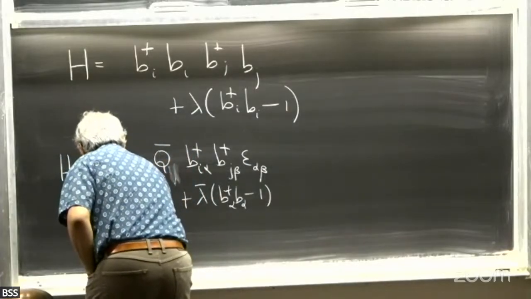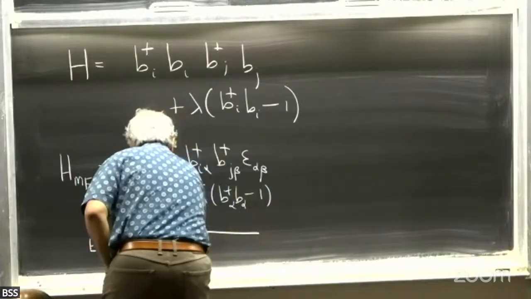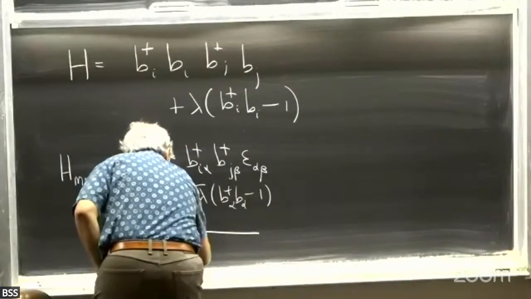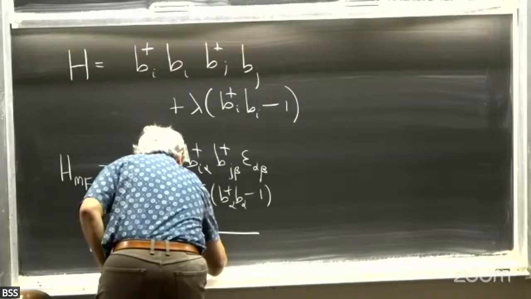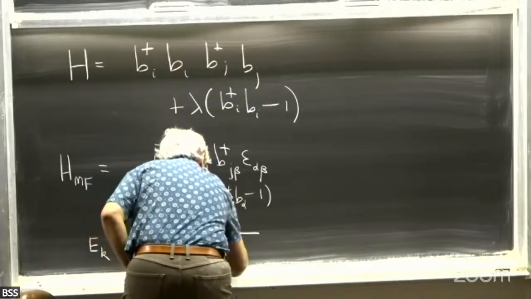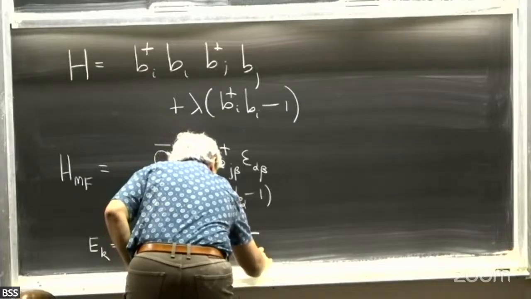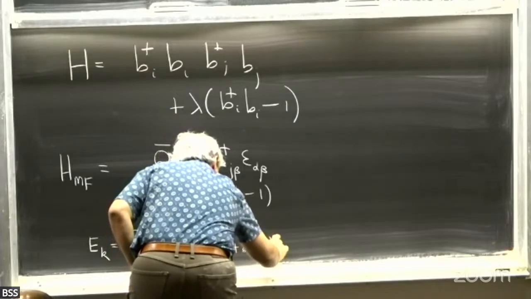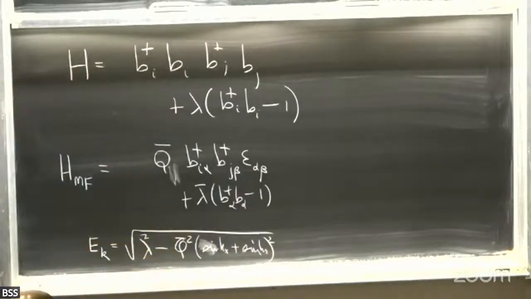which is E_k, something like lambda squared minus something with sine kx plus sine ky. You get something like this.